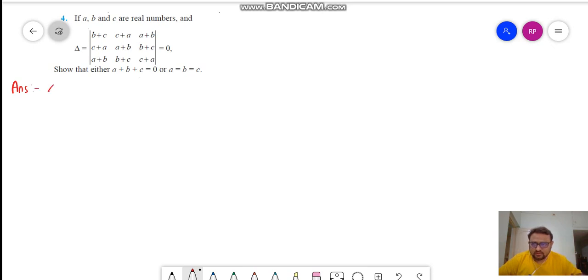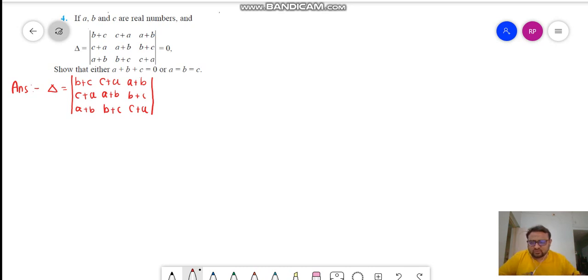Let's say delta is equal to B plus C, C plus A, A plus B; C plus A, A plus B, B plus C; A plus B, B plus C, C plus A. Okay, now this determinant value is given to be 0.